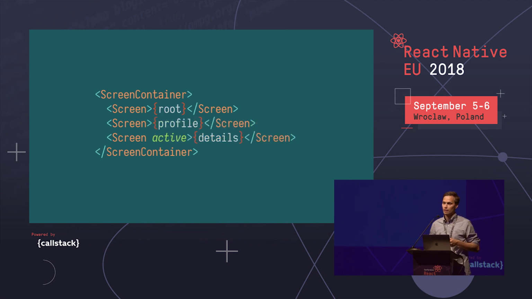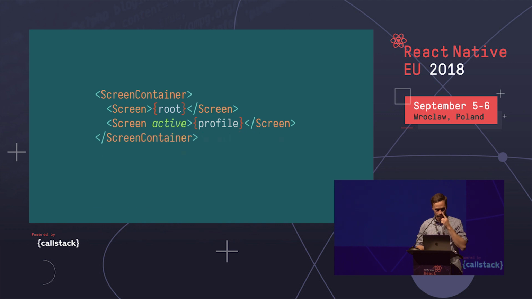We can also do the stack navigator, in which case the last child is always going to be active, unless we're doing a transition, because when we are transitioning, we need to see both. So we have 2 screens active, and once the transition is over, we just remove the other one.